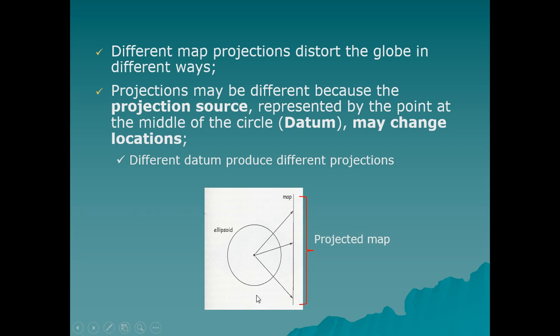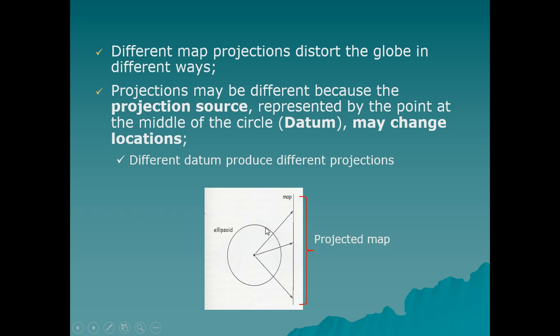So if you follow with me on the diagram below, this circle represents our three-dimensional Earth surface. This line represents our two-dimensional map surface. This point at the middle here would be our datum or projection source. So follow carefully with me.